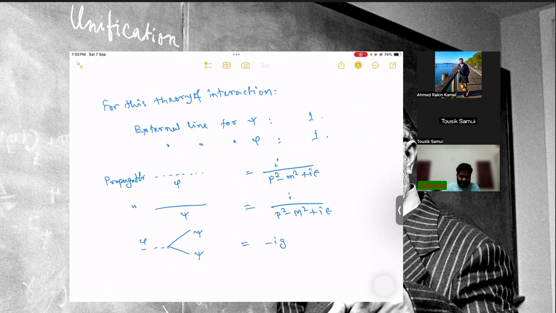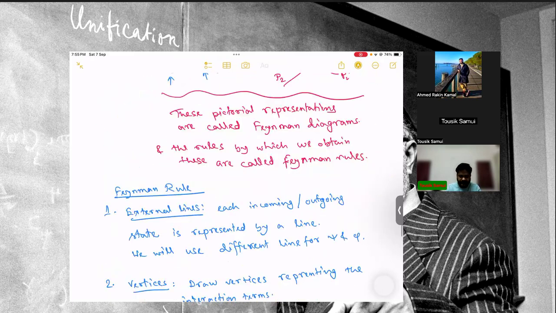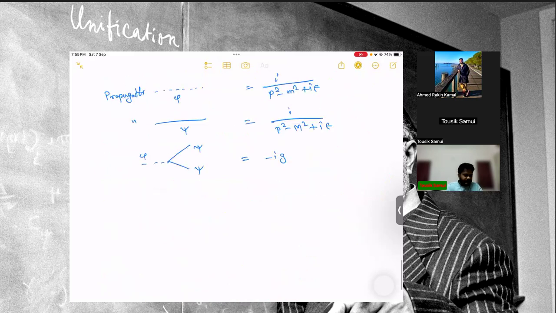Those are the things that come here, and so this is the complete set of Feynman rules.